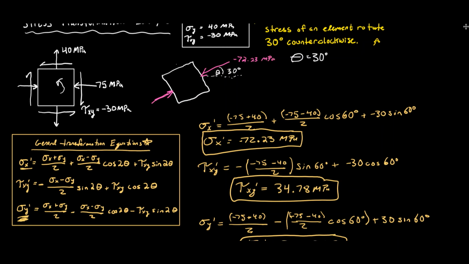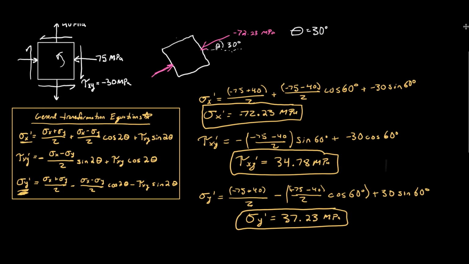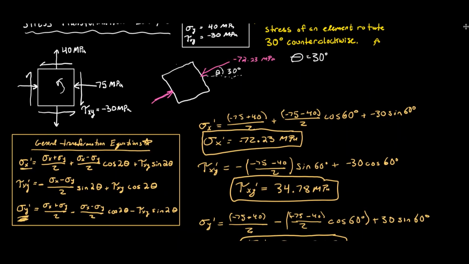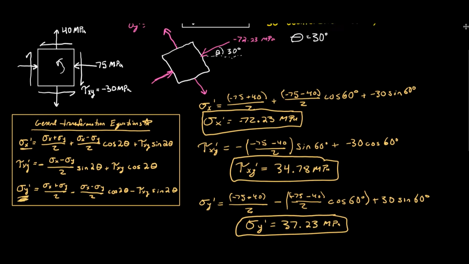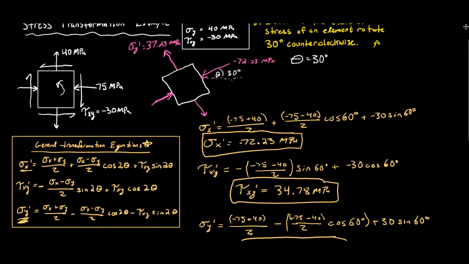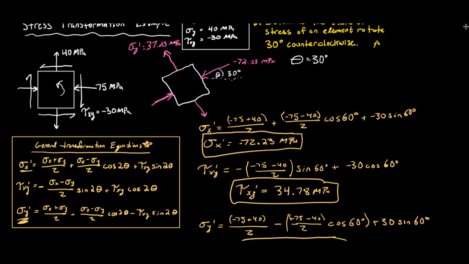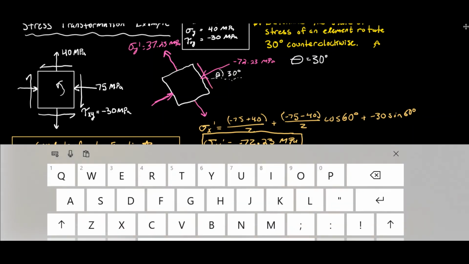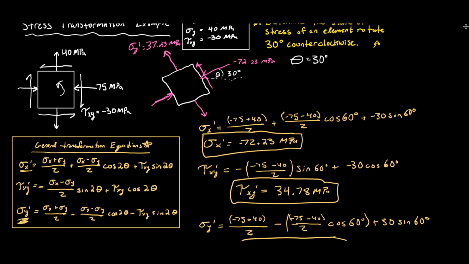Our y component is positive, so it's coming out, 37.23 megapascals. And we have a positive shear stress, so on the right side it's going up, like this, and then an equal and opposite one.